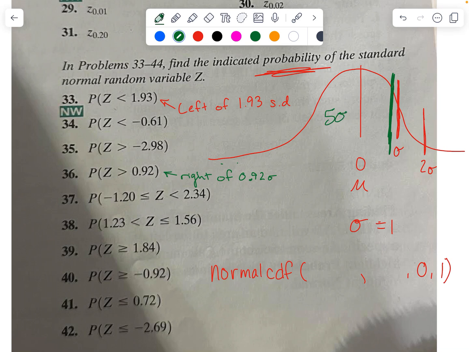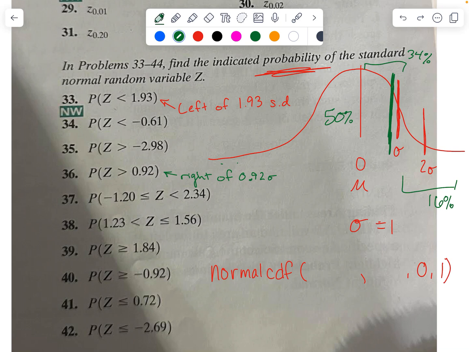Now I remember this is 50%, this is 34%. So I'm not going to be looking at that side. I'm looking at the other. This would be approximately 16%. I'm not quite at 1 sigma, so I'm going to have a little bit more than 16% over here.